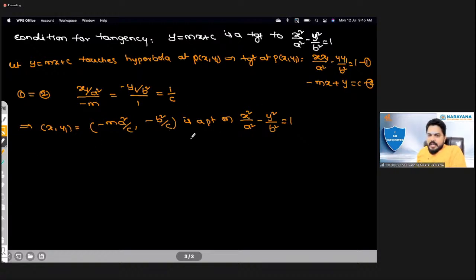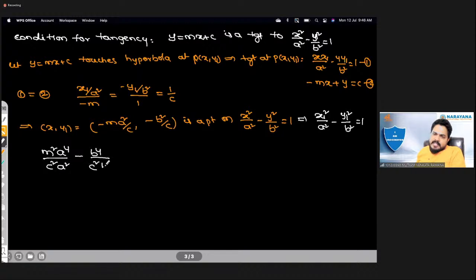So here x1 square, so you will be getting x1 square by a square minus y1 square by b square is equal to 1. So what you'll get? m square a to the power of 4 by c square a square minus b to the power of 4 by c square b square is equal to 1.